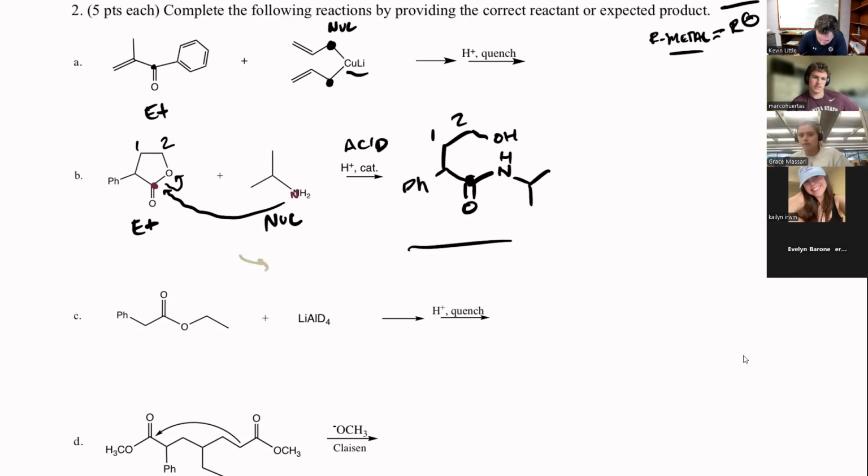So what you've drawn is almost one of the intermediates. You've got to push the carbonyl electrons up.